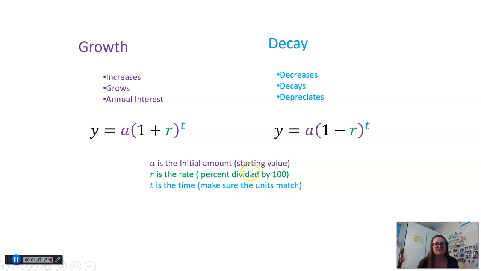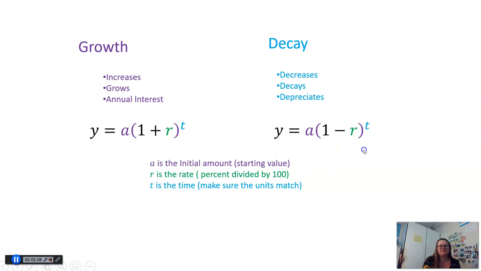And because it's going to say percent per year or percent per month, make sure that matches with your time, which is t. I'm pretty sure in the problems you'll get they'll always match. And then that's really it. You're just going to plug the numbers into these formulas and find your answers.